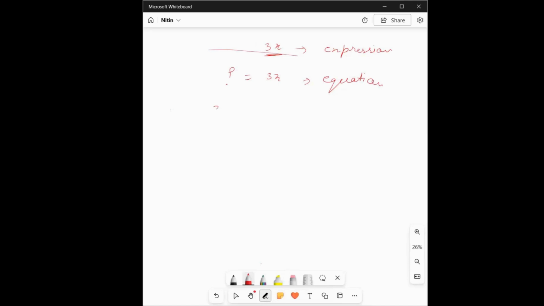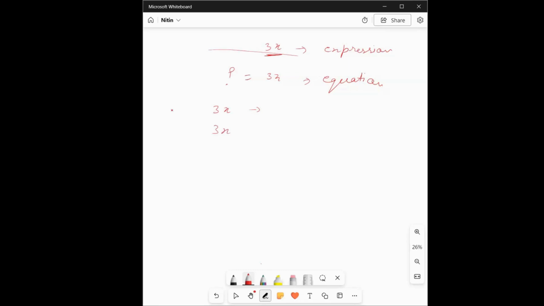So I have written this 3x. How many terms do we have in this expression? 1. If you have only one term in an expression, we call it a monomial.